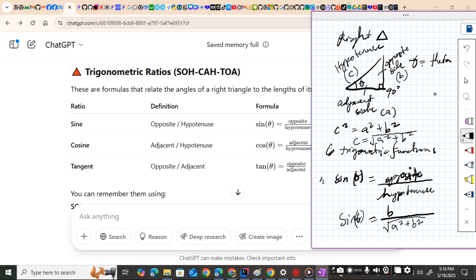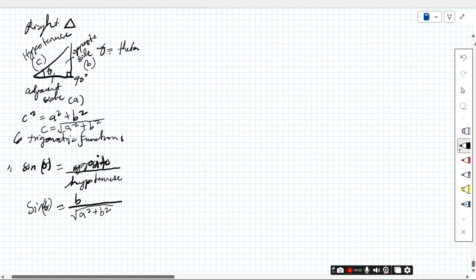Let's move on further. We now define the cosine function. Let me introduce to you the cosine function. If there is opposite over hypotenuse, there has to be something like adjacent side over the hypotenuse.